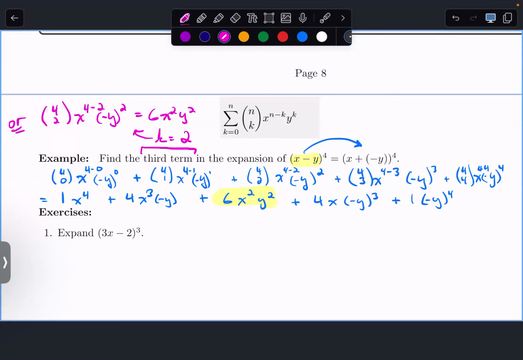You could do that because it is just asking for the third term. But if you're not comfortable, then you can absolutely just list them all. It might be a little tedious.